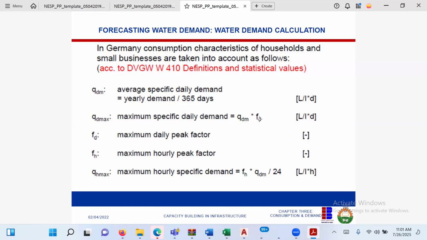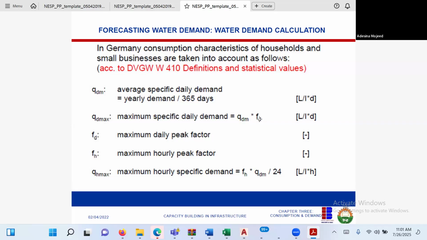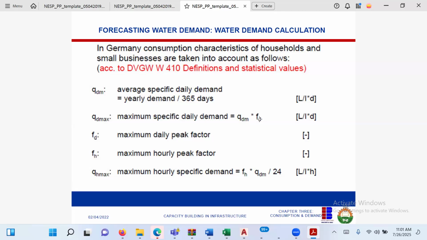We have two types of factor of safety: the daily factor of safety and the hourly factor of safety. The daily factor of safety is for designing daily parameters, and the hourly factor of safety is for designing hourly parameters. You will come to see all these things, but I want us to get used to them. They are units.